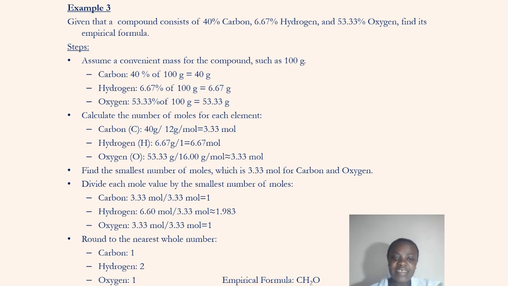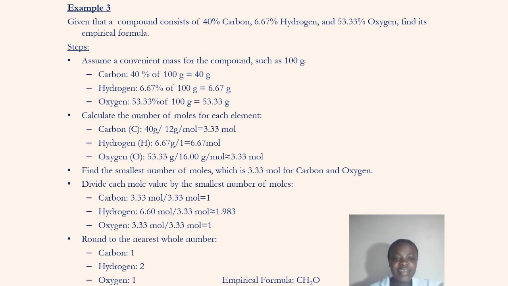Hydrogen has 6.67 grams as its mass, its molar mass is 1, so giving me 6.67 moles of hydrogen, while that of oxygen is 53.33 grams divided by its molar mass, which is 16 grams per mole, to give me approximately 3.33 moles.